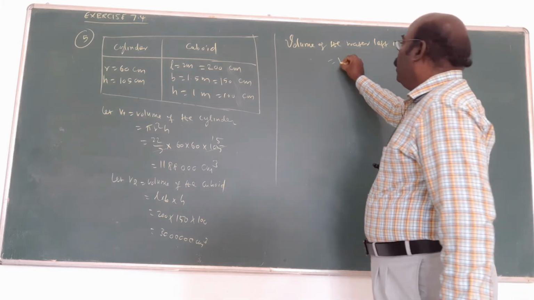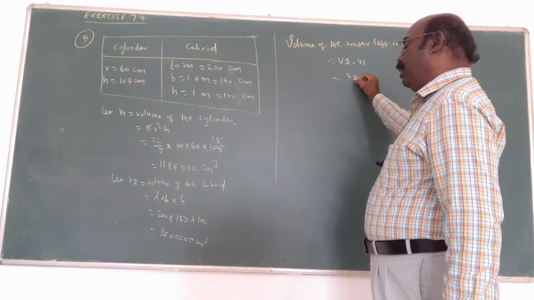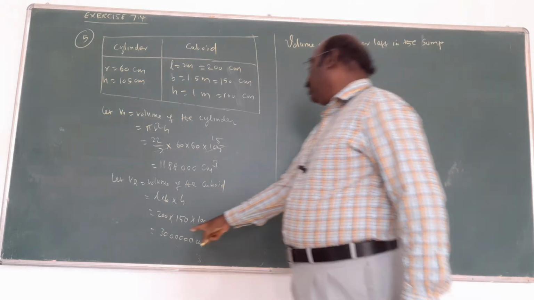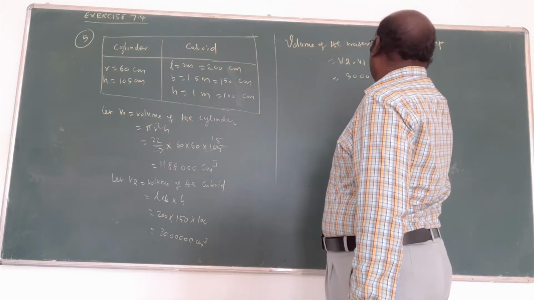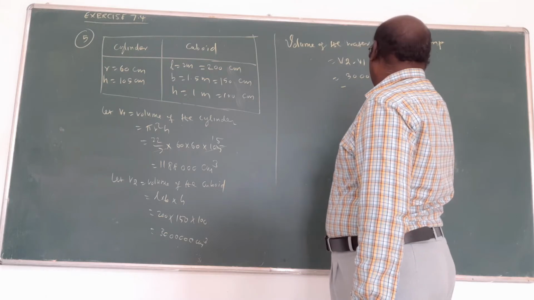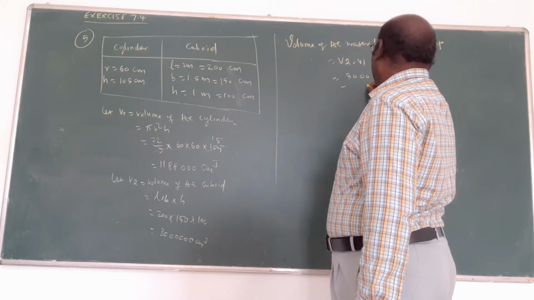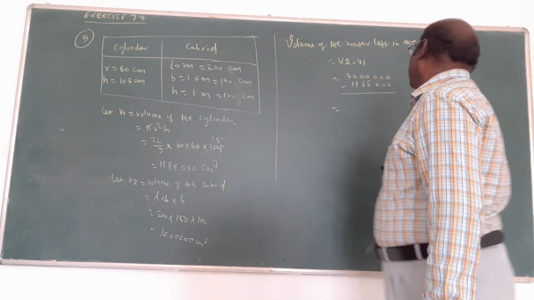Which is equal to V2 minus V1. V2 is 3 with 6 zeros, minus 118800. You want to subtract.